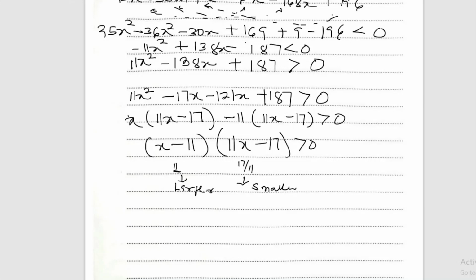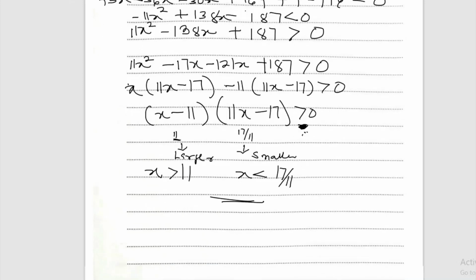Because the inequality sign is greater than, the larger value goes with greater than, and the smaller value goes with less than. This is the answer, provided that the sign is greater than. If the sign is less than, that will be another tweak, which I will share in one of my topical videos.